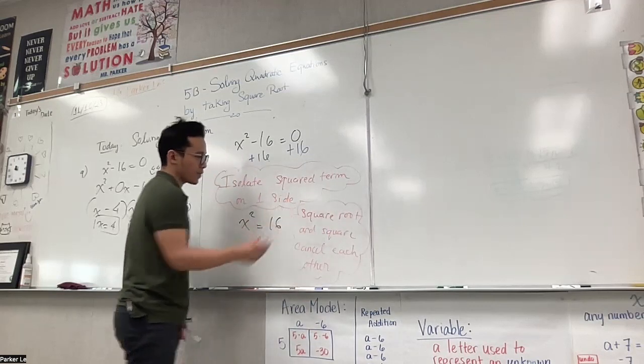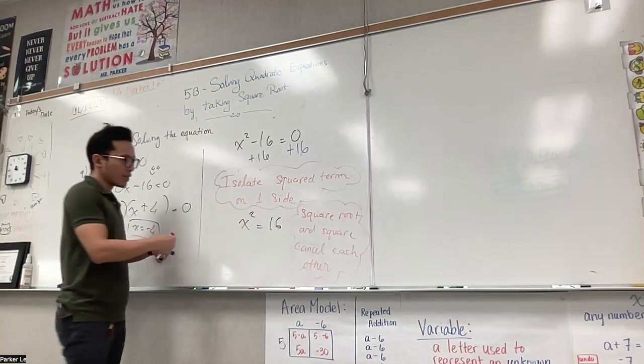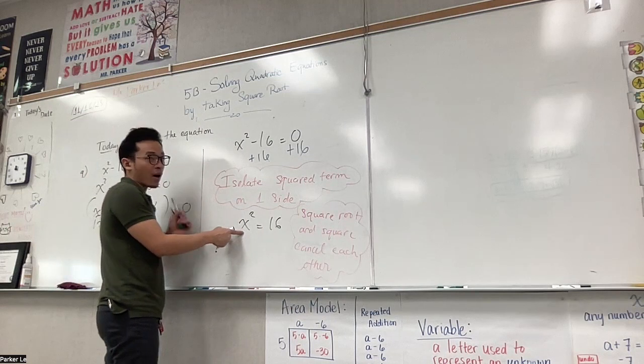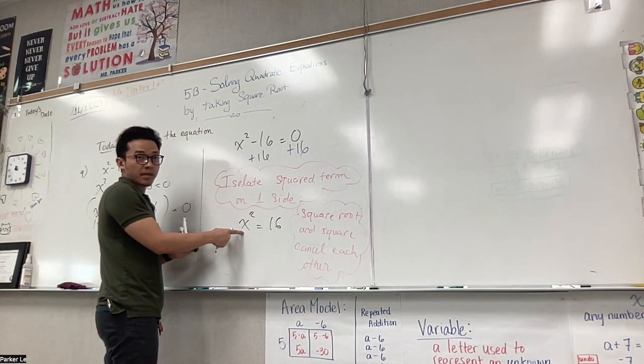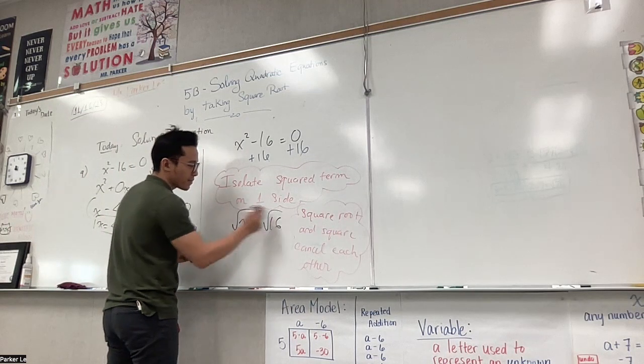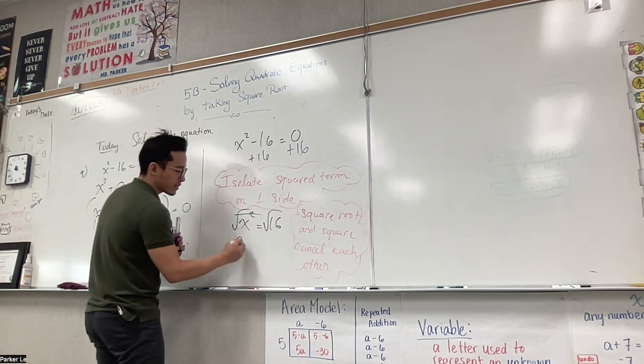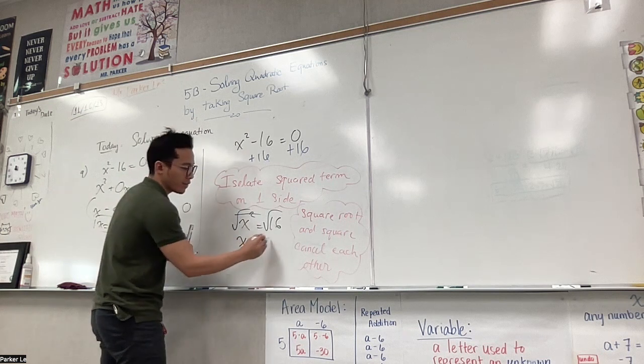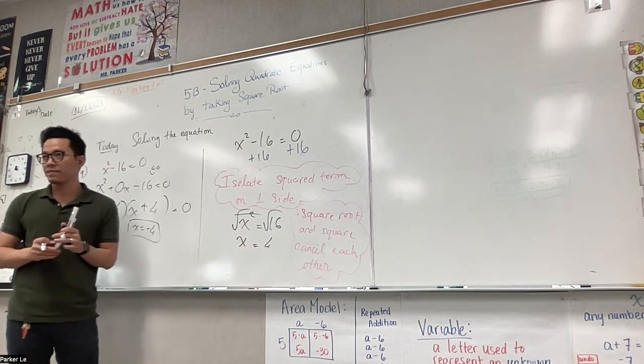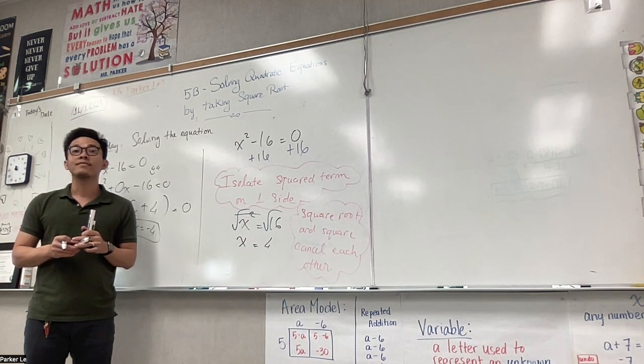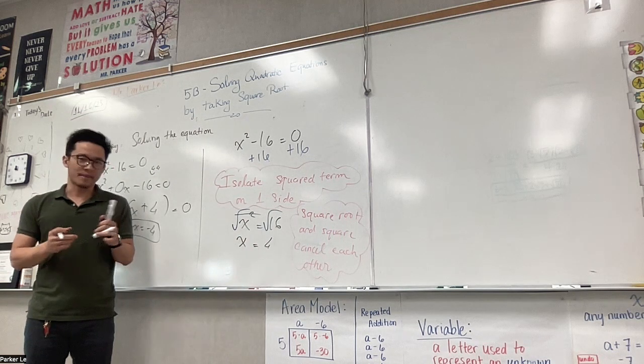This is so fast. From here, I already have the square term isolated. I can take the square root, they cancel out, and I have x equal to plus minus. Oh yeah, good.